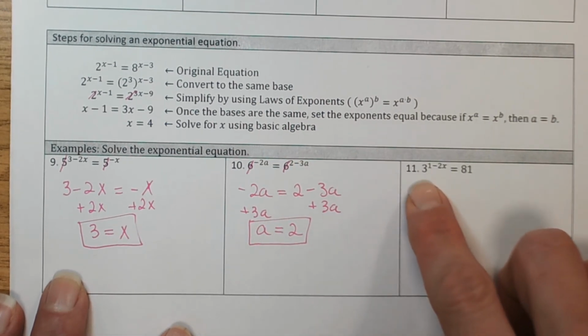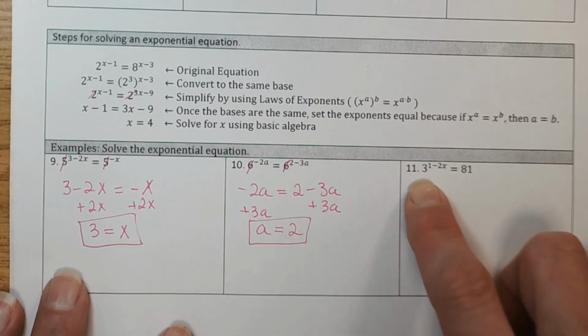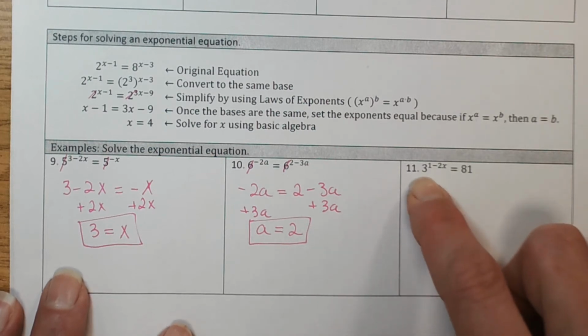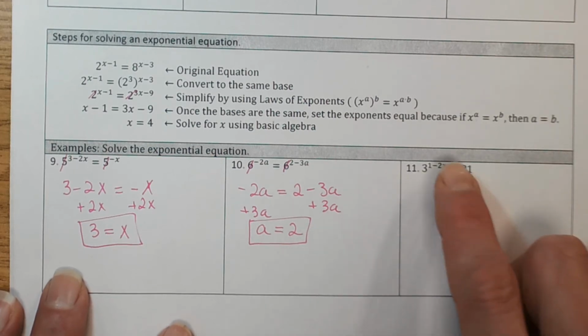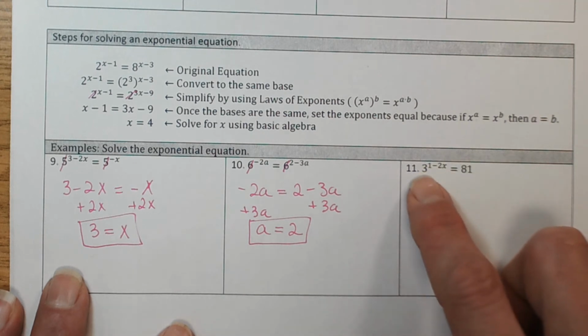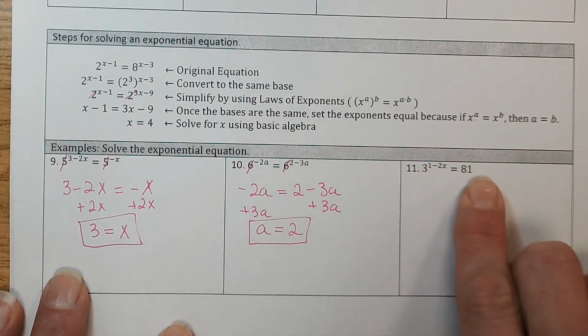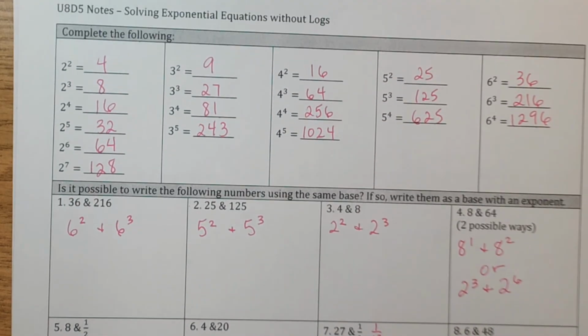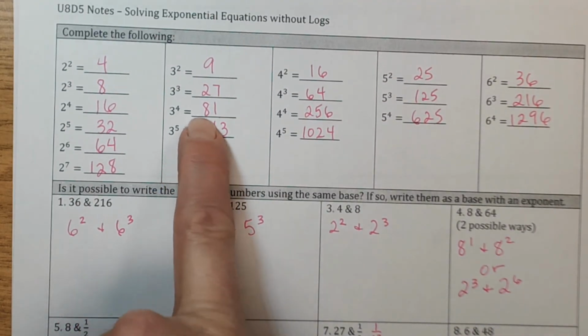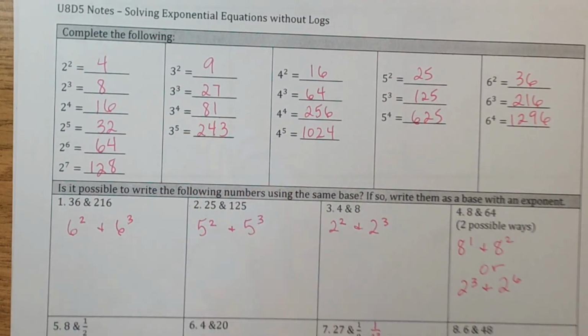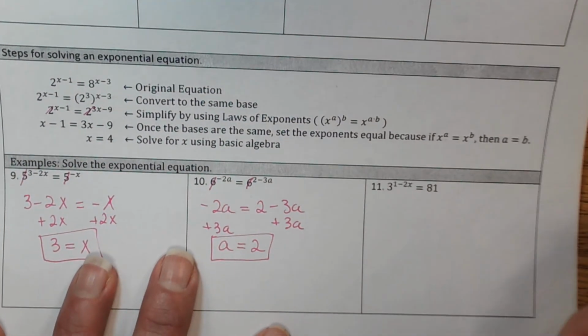All right, now here's our first one where we're having to find the common power. I see 3 and I see 81. I know 3 doesn't simplify anymore, so I want to check, is 81 a power of 3? So I go back up to my list and I say, okay, yes, 81 is 3 to the 4th. So I can simplify this.